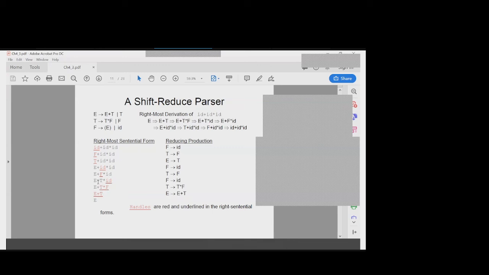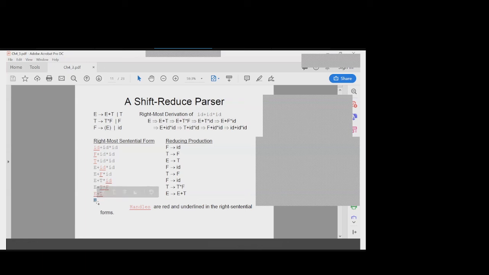When this kind of confusion happens, because you are a human, you know that if I reduce this T to E, then the production will be E plus E, and there is no such production in this grammar. So ultimately it will give you an error. That is why I should not reduce this T to E, and instead I should go further and reduce this ID to F. If I reduce this ID to F, I'll have T cross F as a production, which will be reduced to T, and then I will lead towards the accepting state.